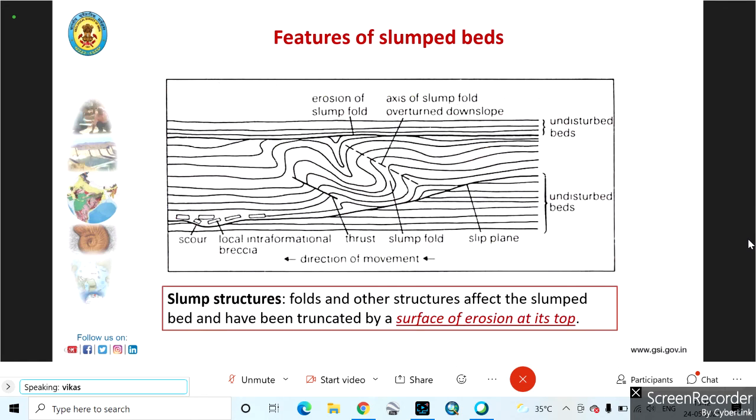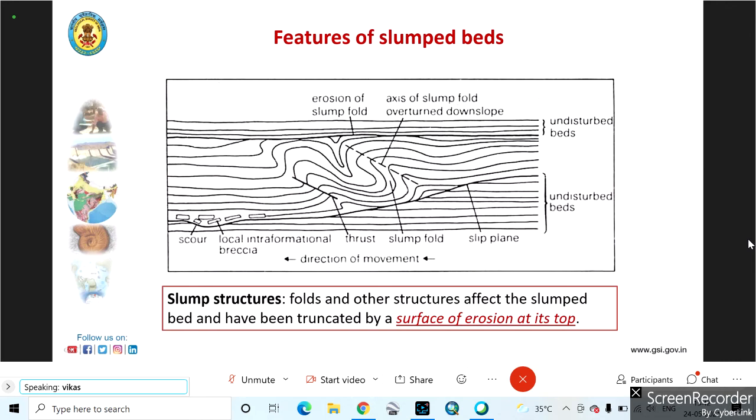All right. Then some features like the slump beds, or convolute bedding. You'll see some structures that have developed in a totally undeformed terrain, or a package of sediment. In between, you will get highly deformed rocks, like folded, thrusted, or faulted. A number of deformations would have happened, and these folds won't be harmonic in nature.